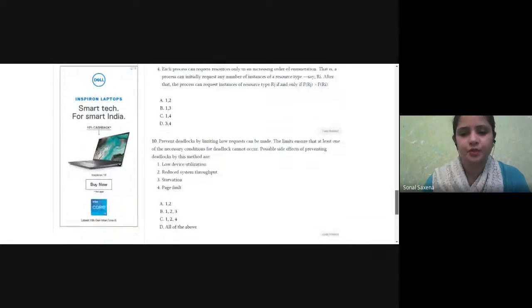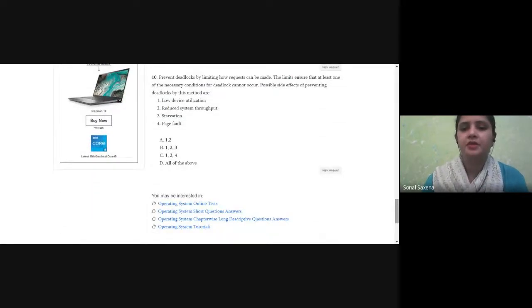Now, this is the 10th question. Prevent deadlocks by limiting how requests can be made. The limits ensure that at least one of the necessary conditions for deadlock cannot occur. Possible side effects of preventing deadlocks by this method are low device utilization, reduced system throughput, starvation, or page fault.